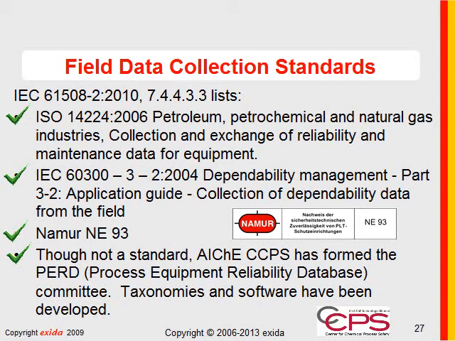They have defined data that needs to be collected. They have defined failure modes of all kinds of process industry equipment, and they've set up a database to collect and verify quality data. So there's some good efforts out there.